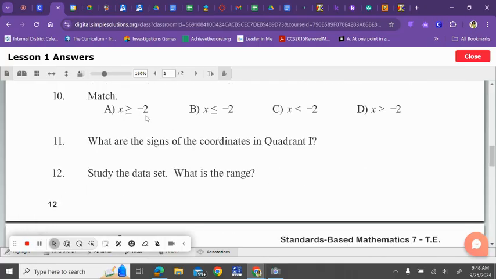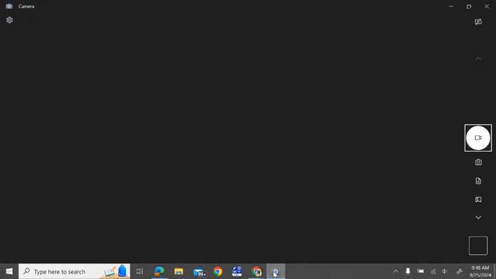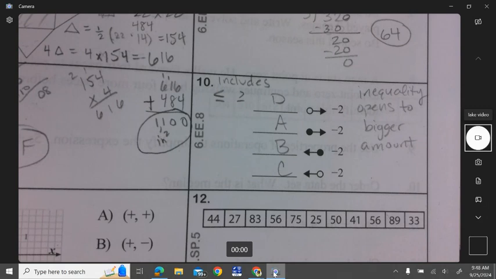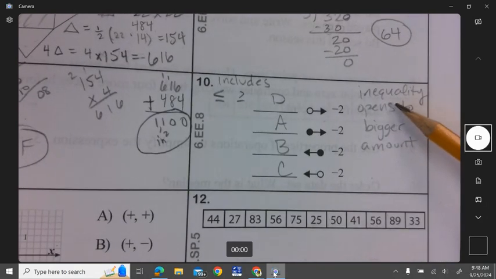For this one, they want you to match the graph that goes with these inequalities. So if you look here, if it opens up, or the alligator eats the bigger amount, so if it opens up towards a number, then that side or that number is bigger.